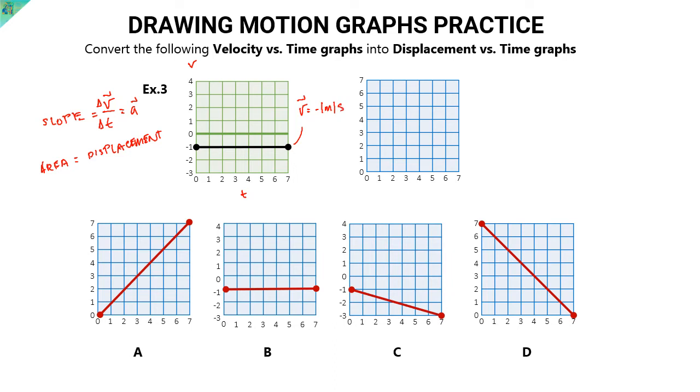If it's -1 meters per second, it means that since velocity is equal to displacement over time, we have a rate of 7 over 7 as per our choices here.